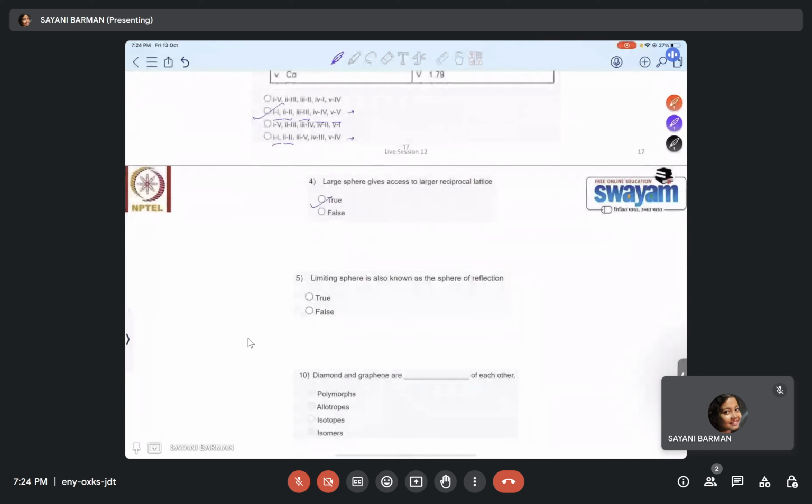The next one is: the limiting sphere is also known as the sphere of reflection. No, those are two different things. Do you remember the drawing? This is the center.